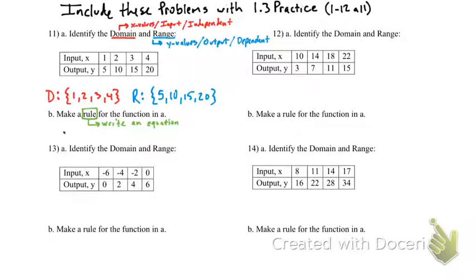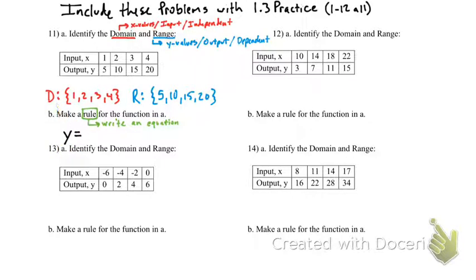I want to start my rule with Y. Okay? After you figure out your dependent variable, which is your output variable, you put an equal sign. Your dependent variable, your output variable, will always be by itself when you're writing a rule.